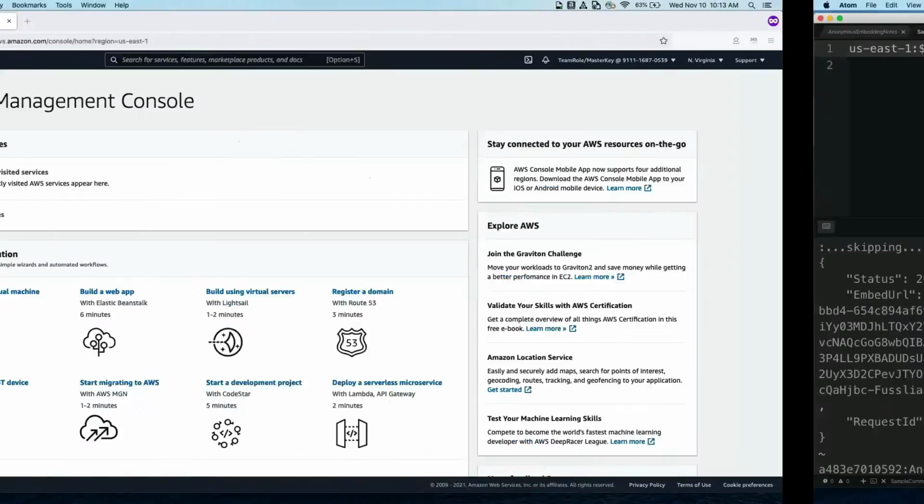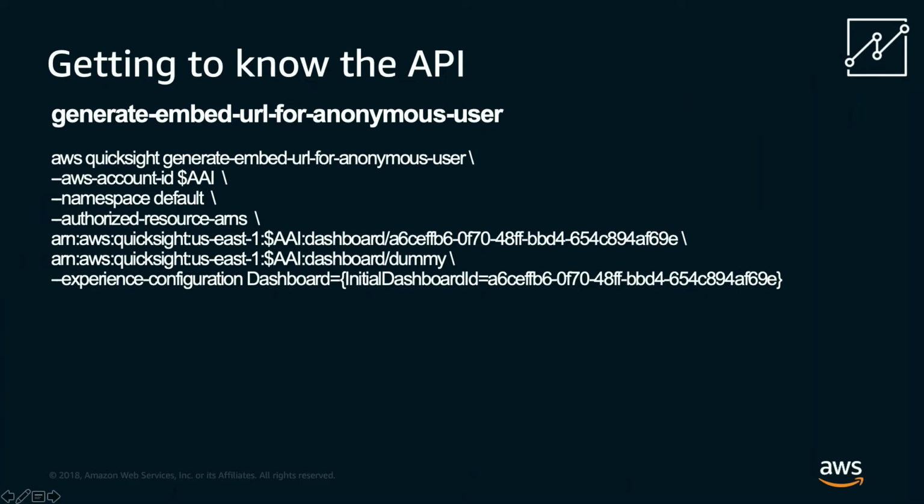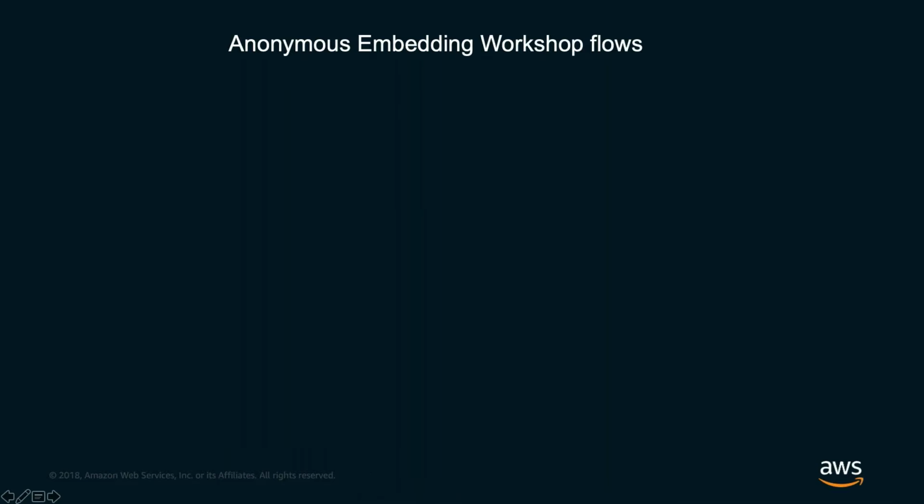Now let's get into the meat of it. We saw the API, we saw how the API works. So let's see the architecture that we are going to build today. As I mentioned at the beginning, we are having 2 modes. We will see how we can set up a static web page as well as a dynamic web page.